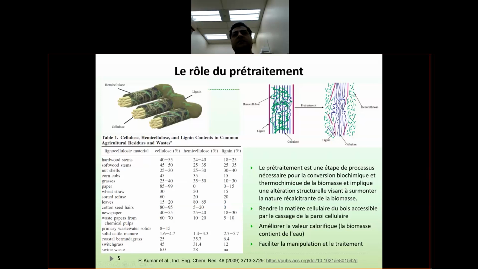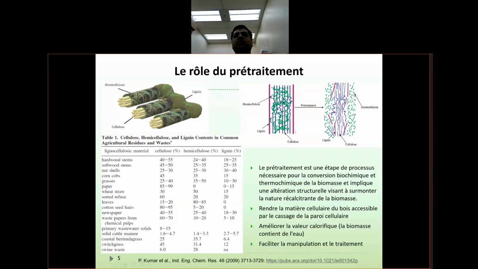It tells that it is an amorphous structure, but anyway all cellulose polymers are together with hemicellulose. So as you see, there is always a wall of lignin that is holding the biomass.